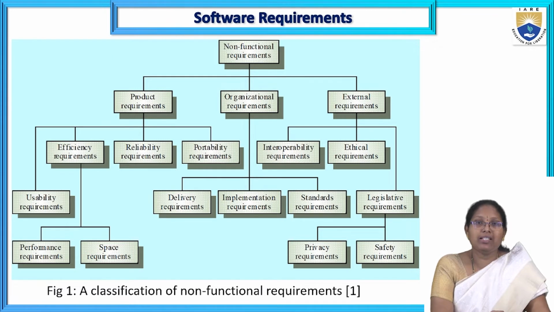Reliability requirements: how reliable the system will be, meaning how many errors will come, more or fewer. Depending on the error frequency, you define the reliability requirements for the software development.